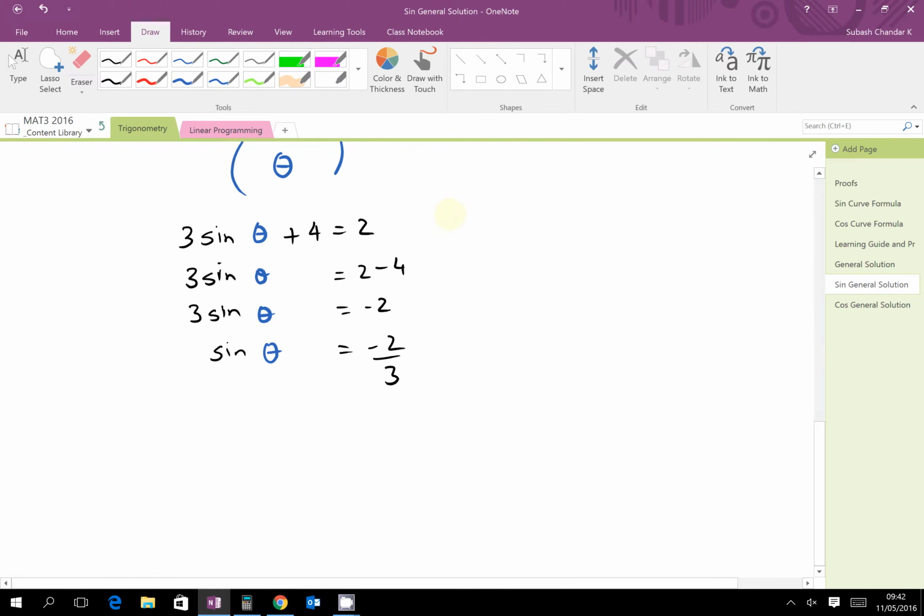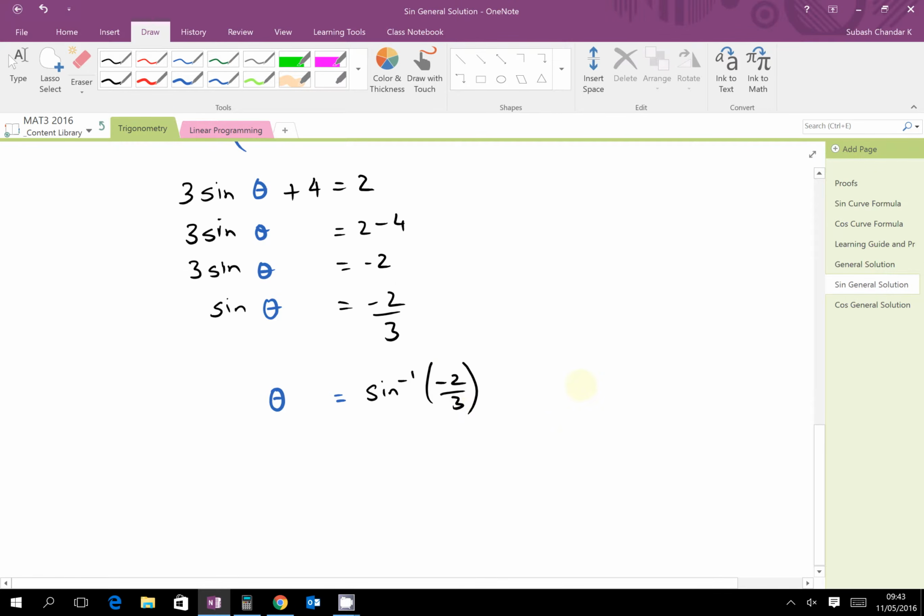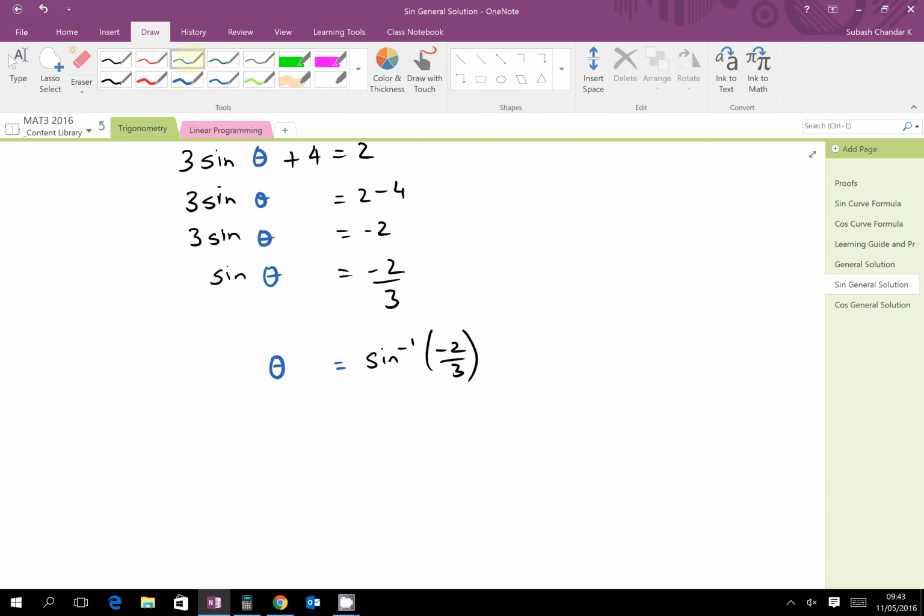We're going to put theta equals shift sine of negative 2 over 3. Can you guys find that for me, please? Actually, this is what you do. 0.721. We all happy with that?